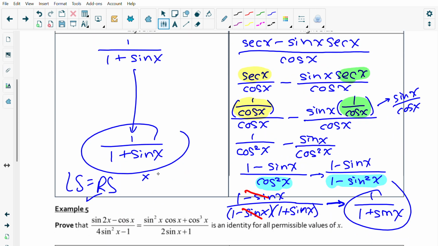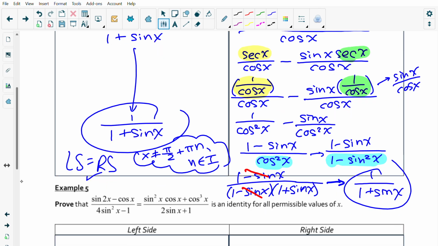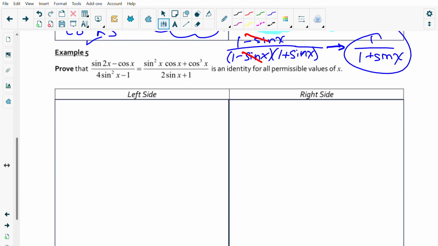Check, and just be careful, our restrictions, x does not equal pi over 2 plus pi n, where n is an element of all integers. Well, let me see. The other one, x does not equal 3 pi over 2. Yeah, we can just state this as our single restriction because that will cover all the other restrictions. It will. Every pi units. Okay?